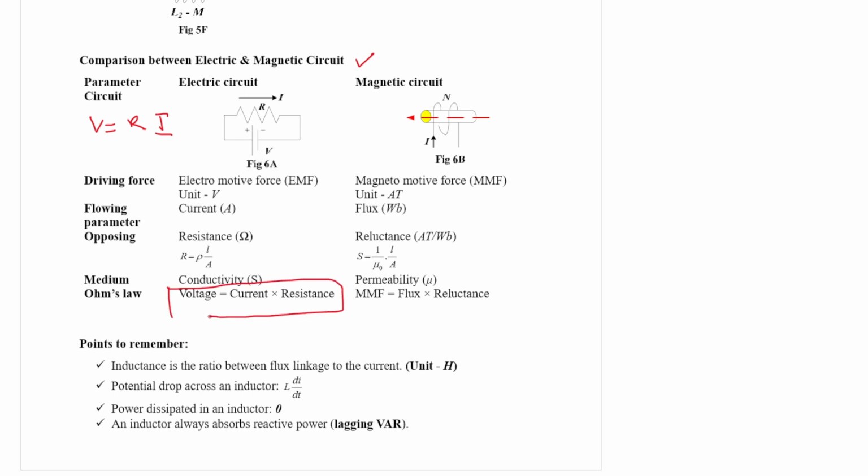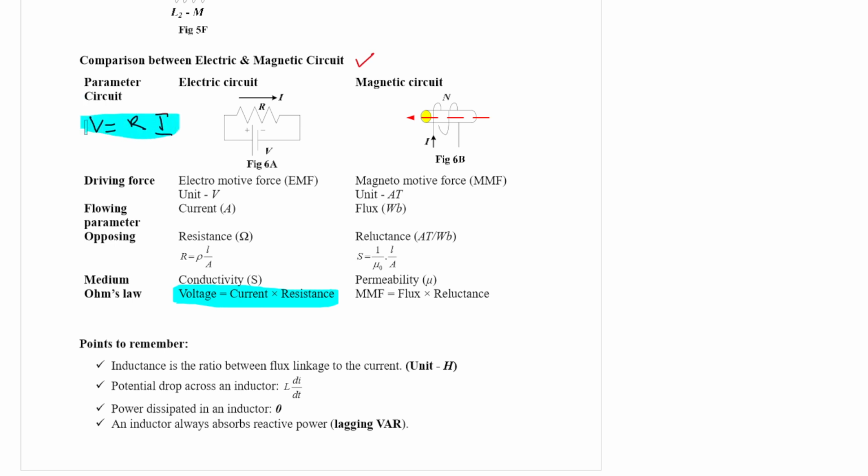That is Ohm's law. So from Ohm's law, for an electrical circuit, voltage is equal to current into resistance.